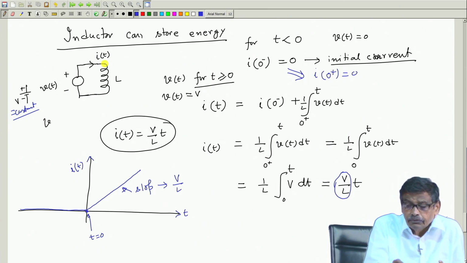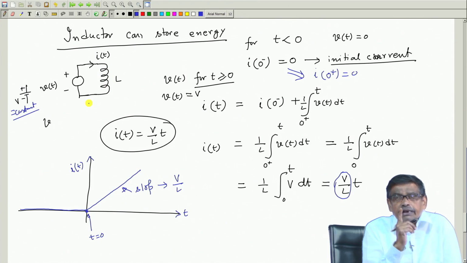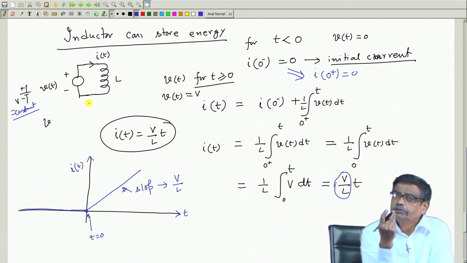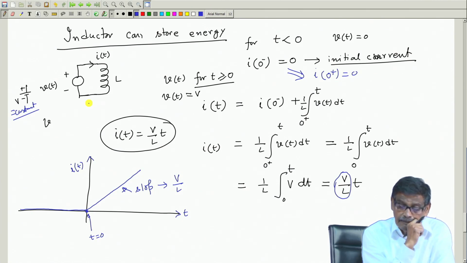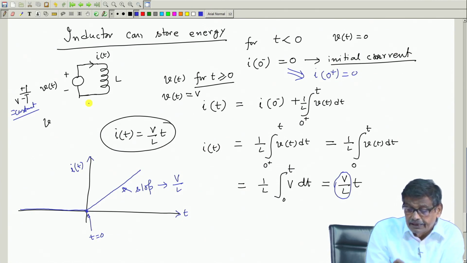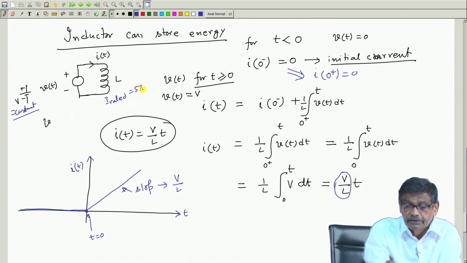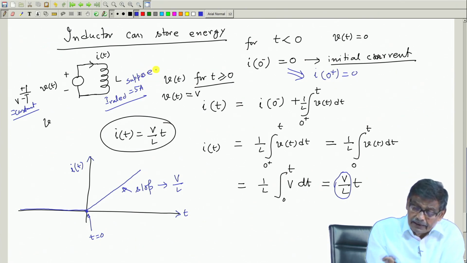Each wire with which you have made the inductor has a current carrying capacity. Suppose 5 ampere is the current carrying capacity of this inductor. Therefore, suppose I rated of this coil is equal to 5 ampere. And here is this 5 ampere mark.